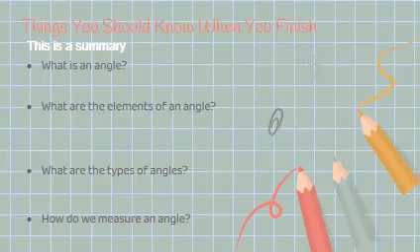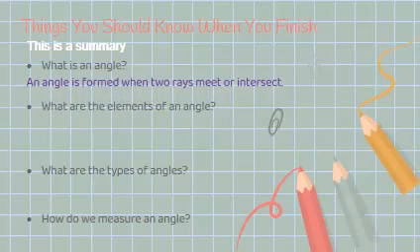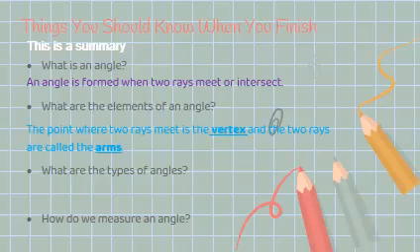So what we have learned till now is, what's an angle? An angle is formed when two rays meet or intersect. So if two rays meet or intersect, they form an angle. An angle is composed of a vertex, which is the meeting point, and the arms. And what are the types of the angle? Do you still remember?